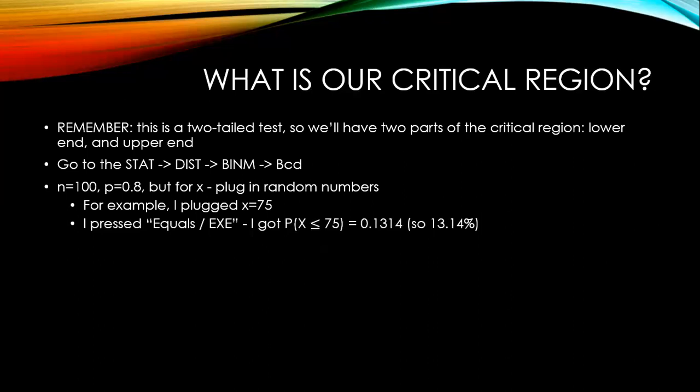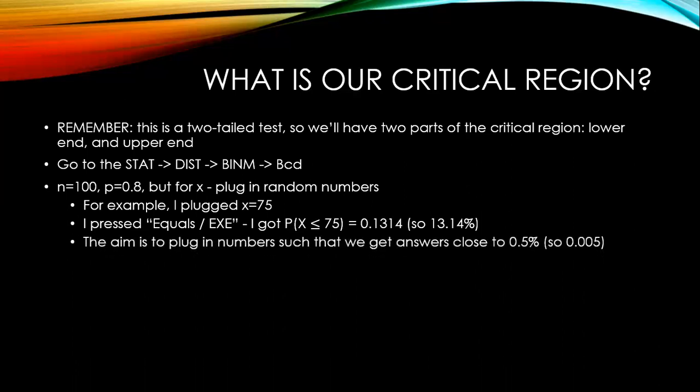0.1314. Let's just remember what this is telling us in our calculator. The probability that X is less than or equal to 75 is 0.1314, so 13.14%. We want to try and get numbers as close to 0.5% as possible. Remember, the probability of rejecting H0 in this hypothesis test is 1%.